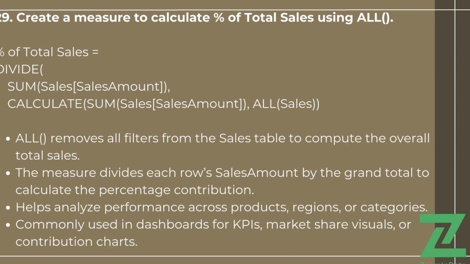It is commonly used in dashboards for key performance indicators, market share visuals, or contribution charts. For example, writing % of Total Sales = DIVIDE(SUM(Sales[Amount]), CALCULATE(SUM(Sales[Amount]), ALL(Sales))) will calculate the percentage of total sales for each row.